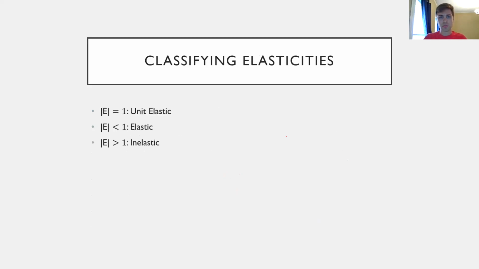Okay, so just to classify elasticities here real quick, we say that elasticities in absolute value, if they're equal to 1, we call that unit elastic. If they're less than 1 in absolute value, oh, actually I have these backwards, don't I? This is inelastic. And then of course, if they're greater than 1 in absolute value, that would be elastic.